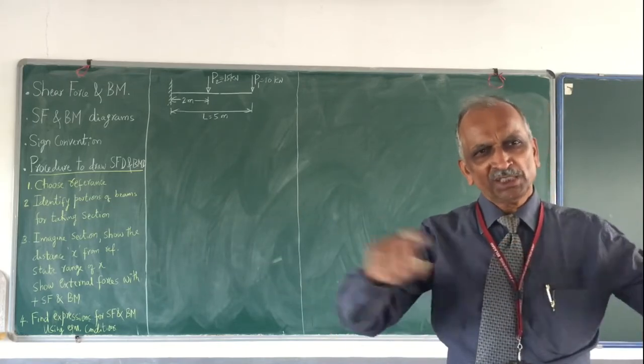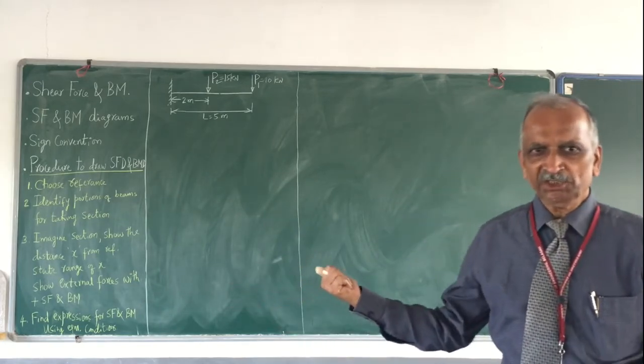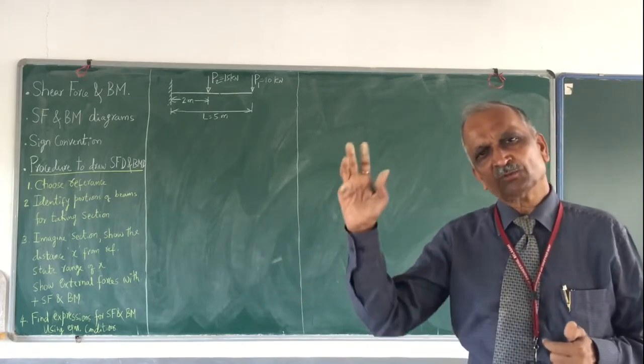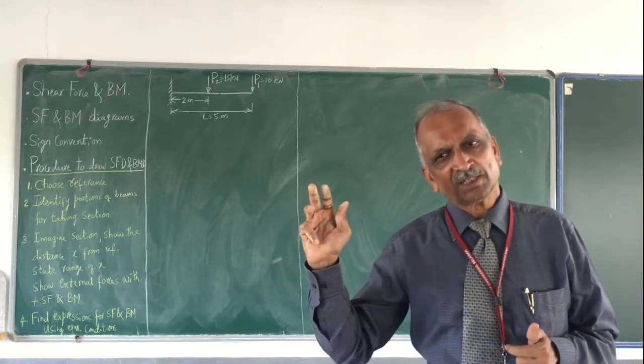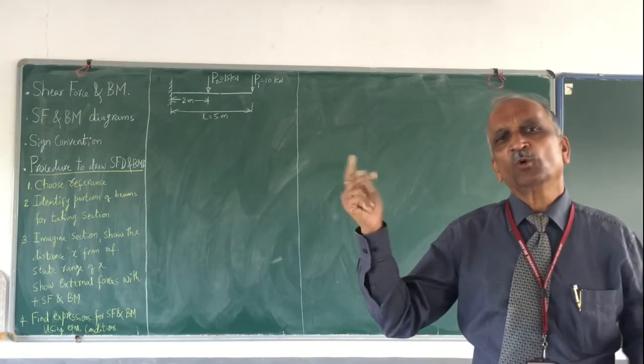So we have identified the different types of beams we intend to study in our course. We are going to study a cantilever, a simply supported beam, and overhanging beams.